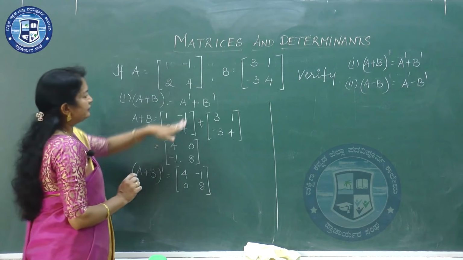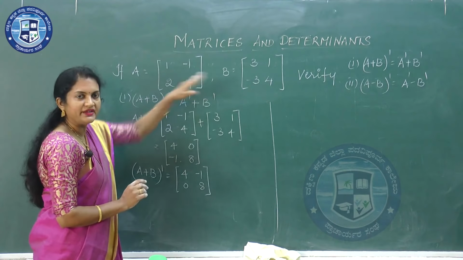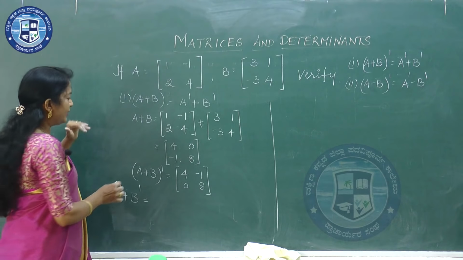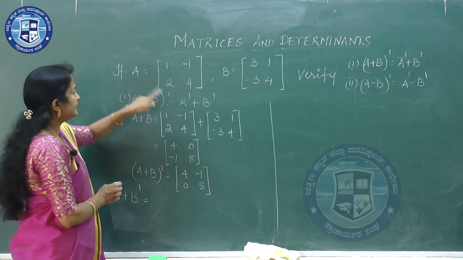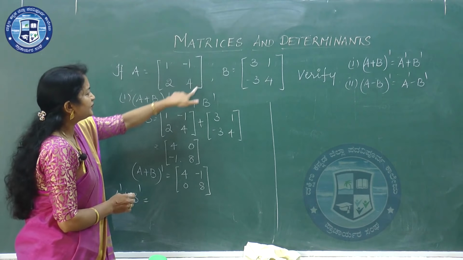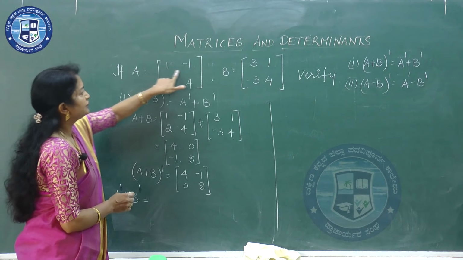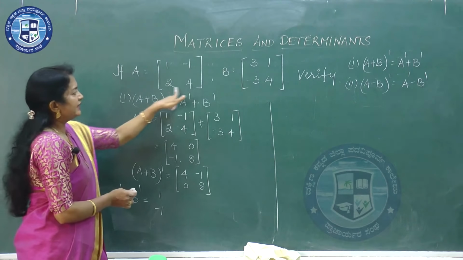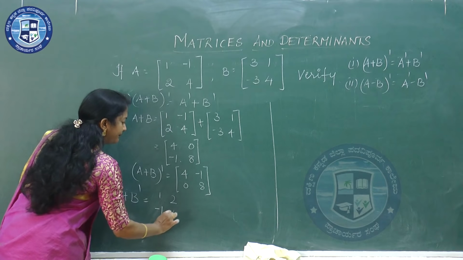Now this is equal to A transpose plus B transpose, that you have to verify. A transpose plus B transpose is what? Now I am writing A transpose directly. A is [1, -1; 2, 4]. Transpose of this matrix is what? First row becomes first column, second row becomes second column.